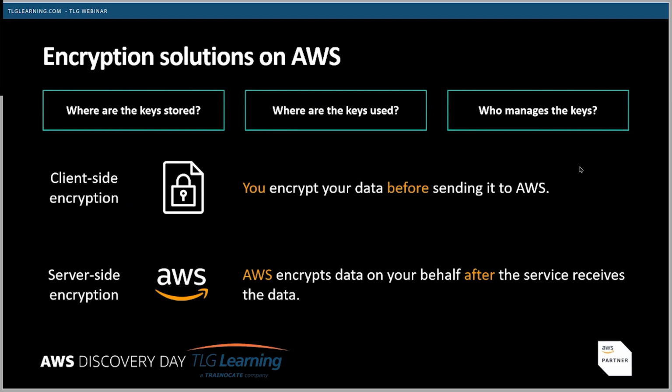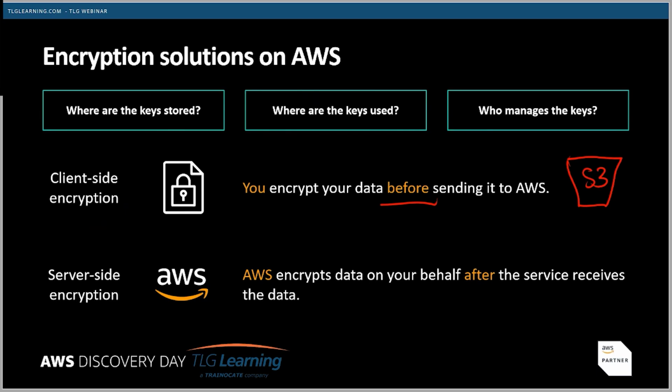If I'm encrypting the contents of an S3 bucket, if I set up S3, I could implement and utilize client-side encryption, which means I would encrypt the data on a local workstation or have some application itself that encrypts the data.